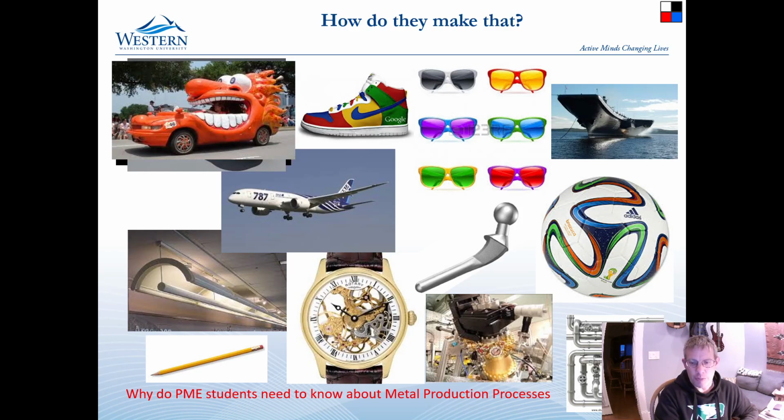Anyway, I think a useful question is to ask, why do PME students need to know about the metal manufacturing processes? In class today, students talked about the fact that many of the polymeric processes require metal, whether that be the extrusion screw, or the injection screw, or the barrel, or an injection mold, some tooling.